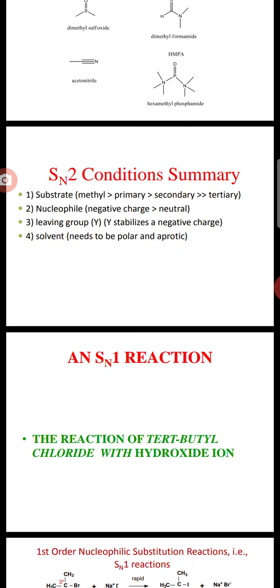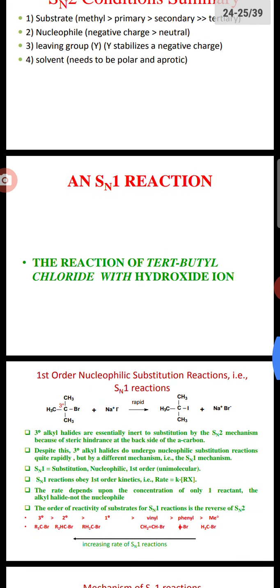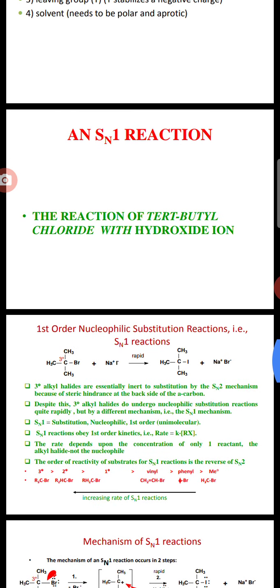Now the SN1 reaction mechanism. An example is tertiary butyl bromide reacting with sodium iodide in a rapid reaction. The leaving group leaves, the hybridization changes from sp3 to sp2, and the bond angle becomes 120 degrees, so the nucleophile can attack from both sides, forward and backward.